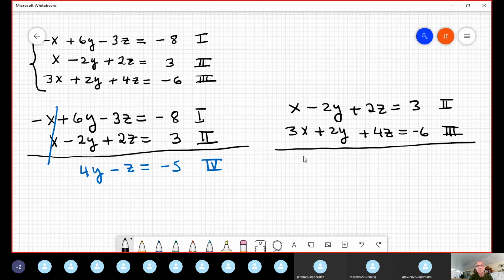However, this is incorrect because I created this example intentionally to illustrate this idea. If in the first couple you eliminate x, in the second couple you need to eliminate also x.